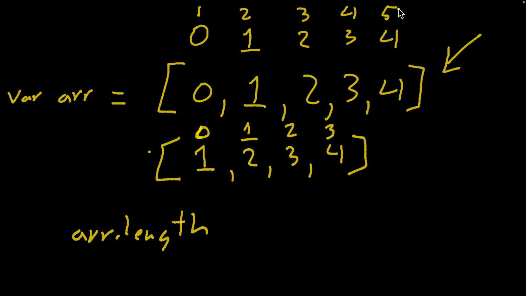It has 5 elements, so we're counting from 1 when we're counting the length. But when we're counting indices, we're starting from 0. First index is 0, second index is 1, third index is 2. So if I wanted to say r dot length, then we would know the value is 5.